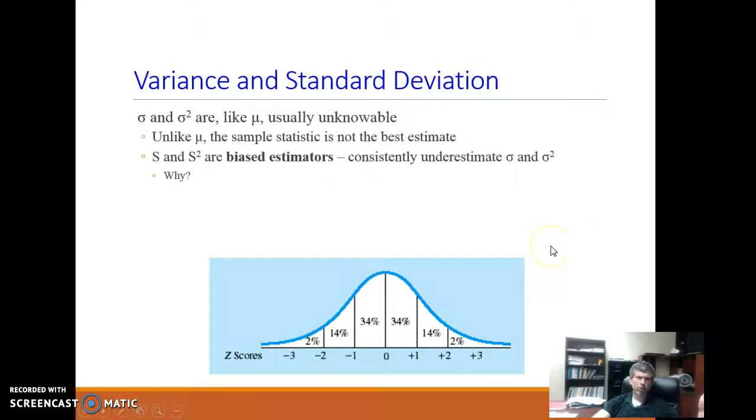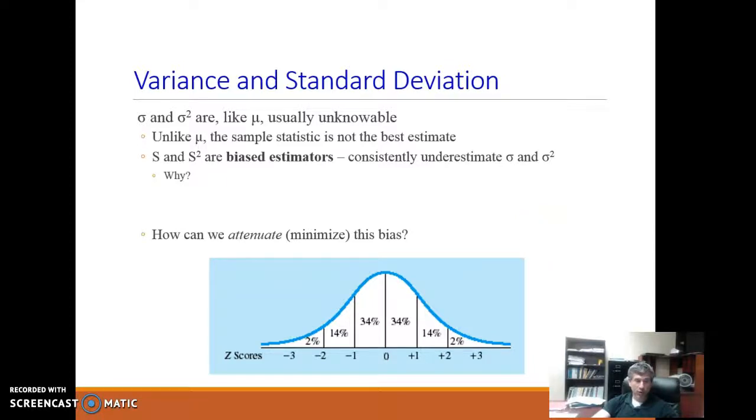Think of a person with extraordinarily high intelligence or extraordinarily low intelligence. It's very unlikely that one of those people, those extreme cases, is going to show up in your sample. So your variance will be a little bit lower than at the population level because those extreme outliers aren't showing up in your sample. Long story short, we want to get rid of that bias.